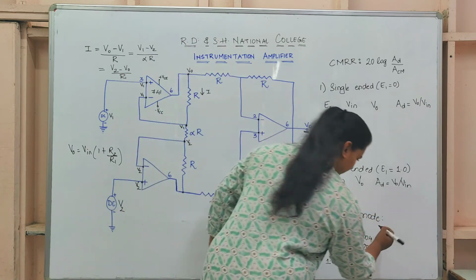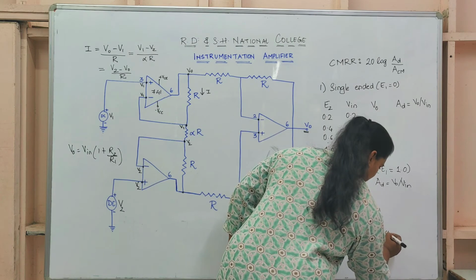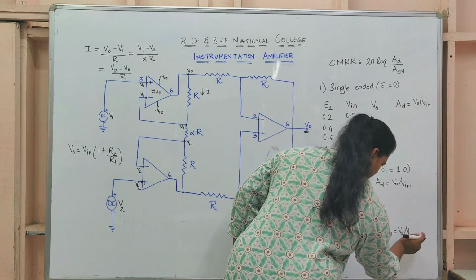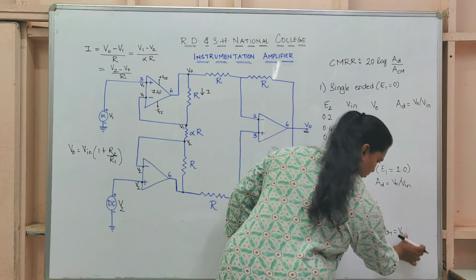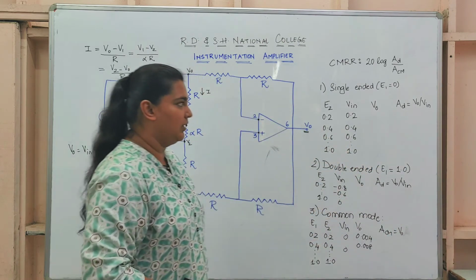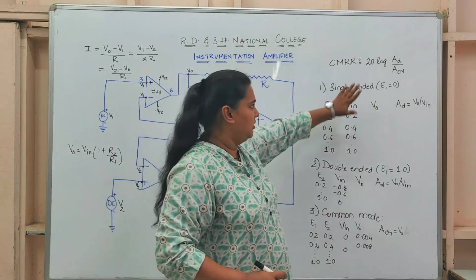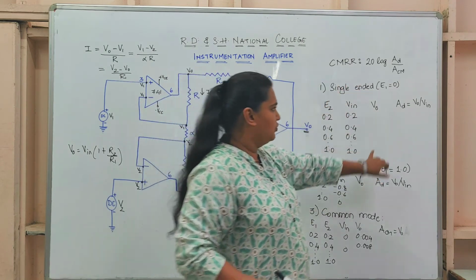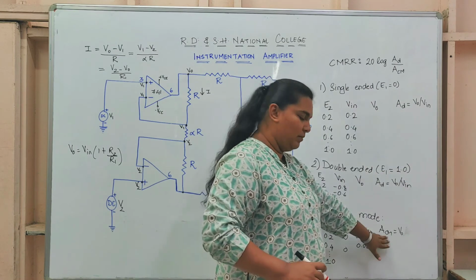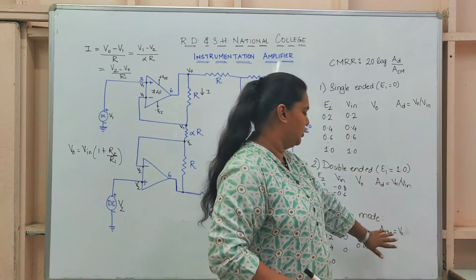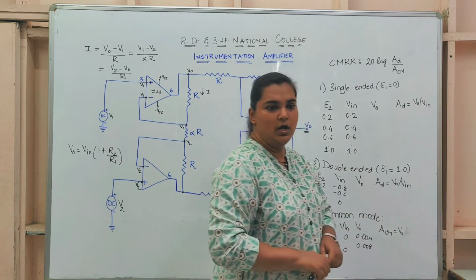And this ACM is measured as this V out upon Vn. Now this will actually be V out into the gain factor, whatever your gain factor is. So now I will measure the common mode rejection in the case of single-ended using this differential gain upon common mode gain, and for double-ended using this differential gain upon common mode gain.